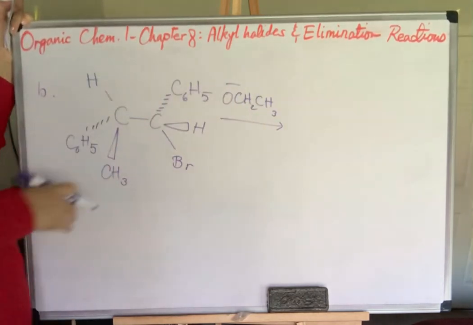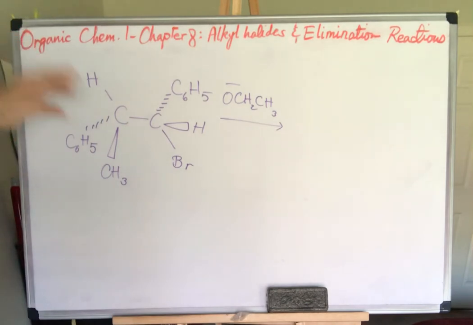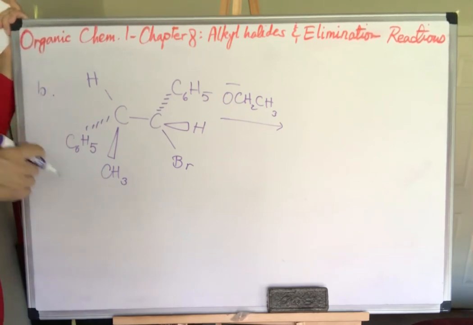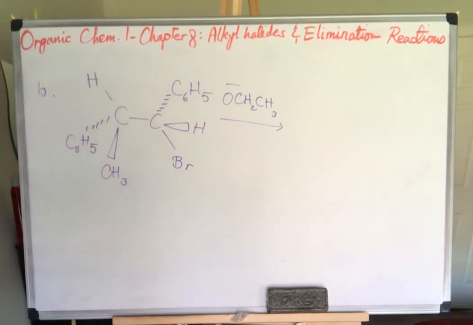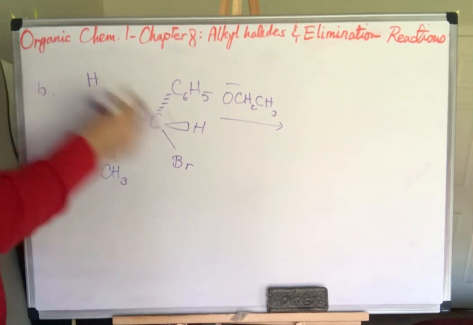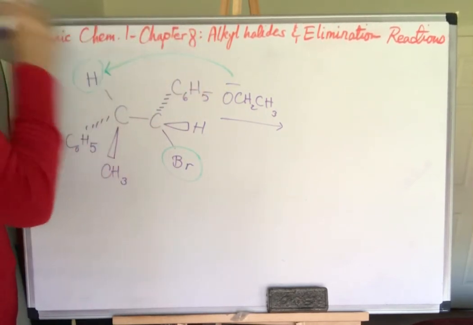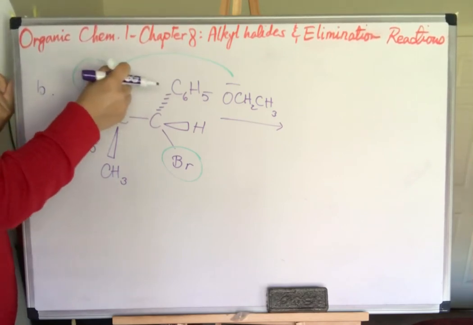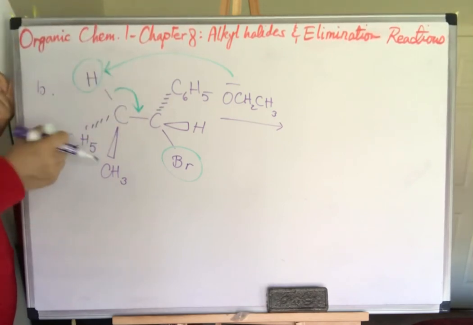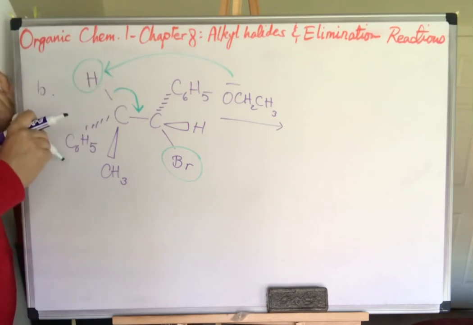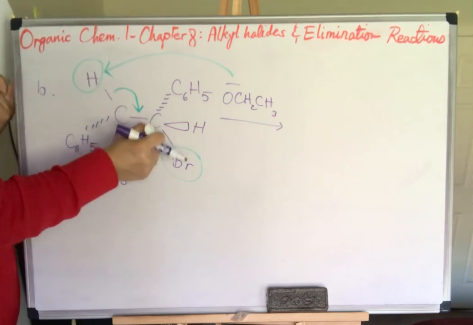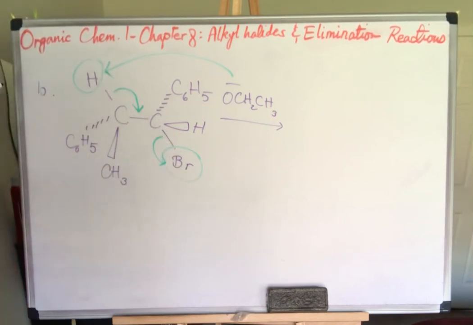Okay, why are we insisting on putting the wedge and dash? Because for E2, remember that hydrogen and halogen must be in the anti-periplanar position. Do you see them? Yes, we do. So base attacks hydrogen, double bond forms from the electrons left from hydrogen, and bromine is going to leave.